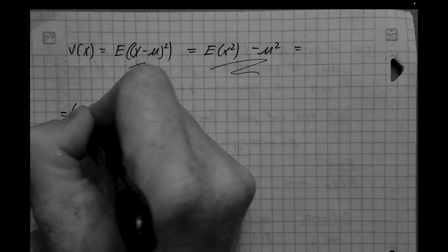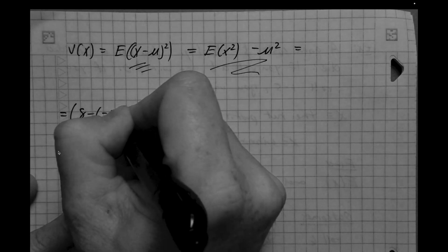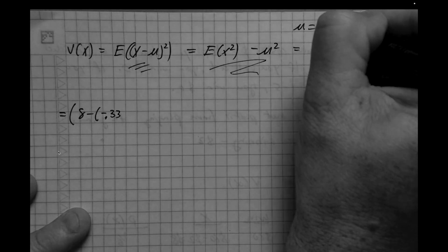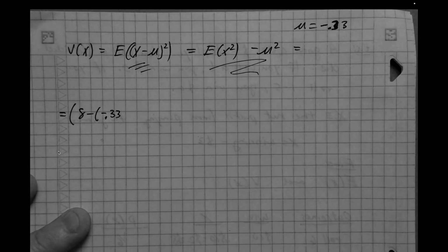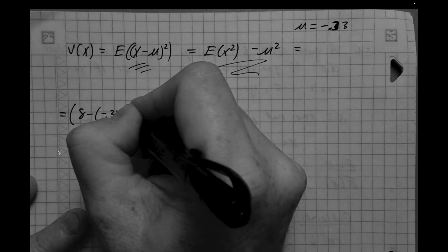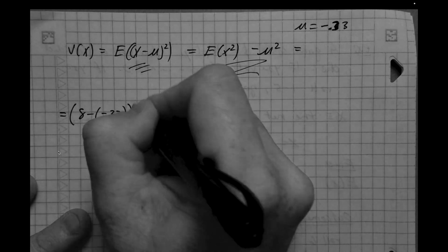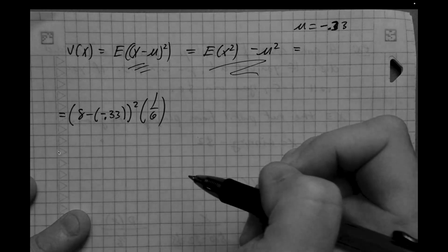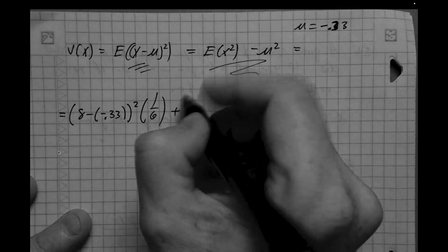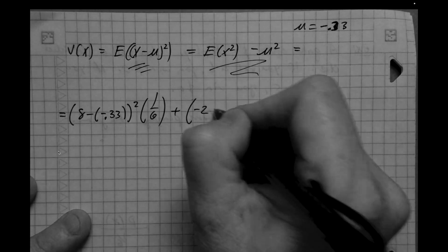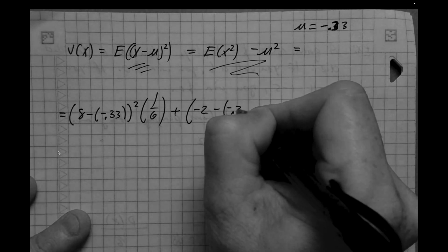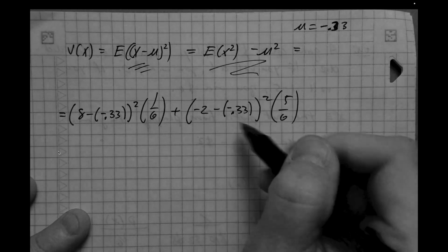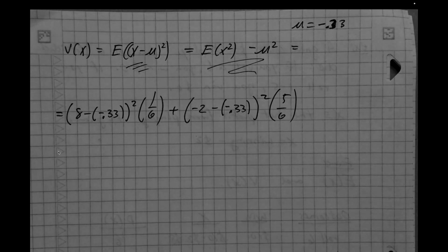I'll take 8 minus negative 0.33. The mu here is negative 0.33. So (8 minus negative 0.33) quantity squared times 1/6, that's the probability of getting $8, plus (negative $2 minus negative 0.33) quantity squared times 5/6, that's the probability of netting negative $2 on a game play.